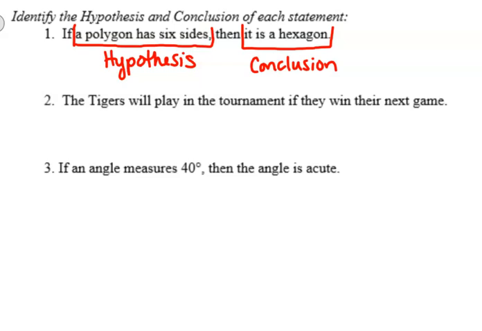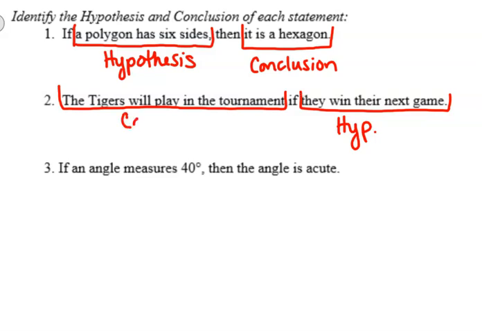Question 2, the Tigers will play in the tournament if they win their next game. So sometimes our conditional statement is flipped. So notice I have the word if. What follows the word if? They win their next game. This is my hypothesis. I don't have the word then, but everything else besides the word if would then be my conclusion.